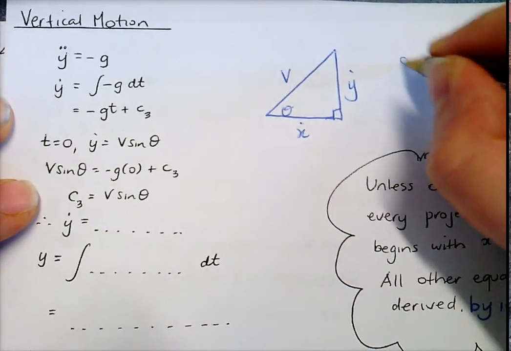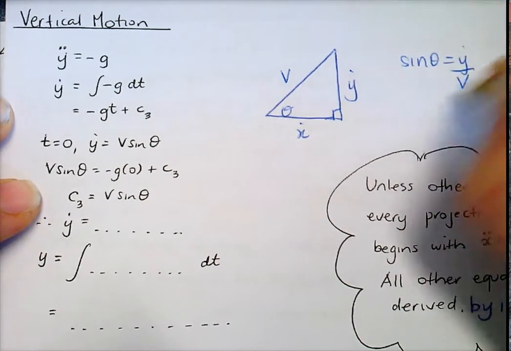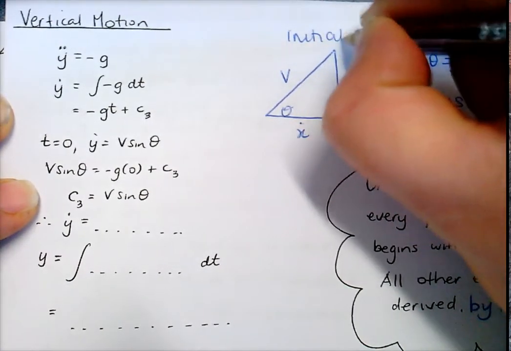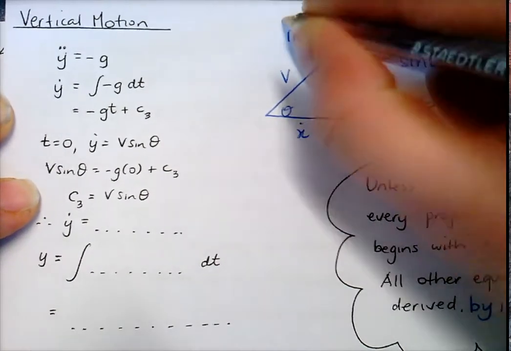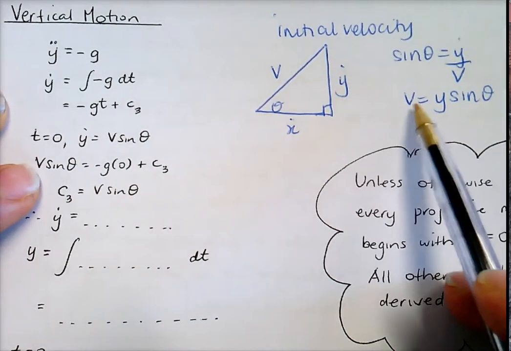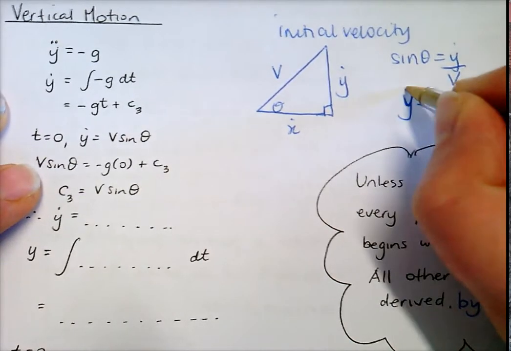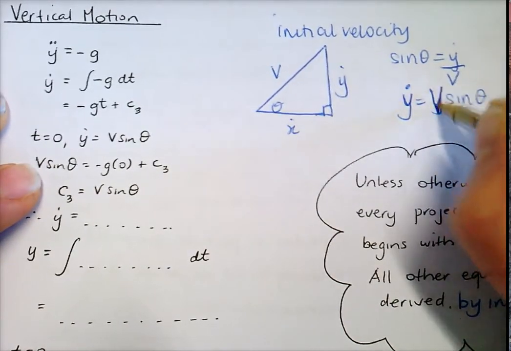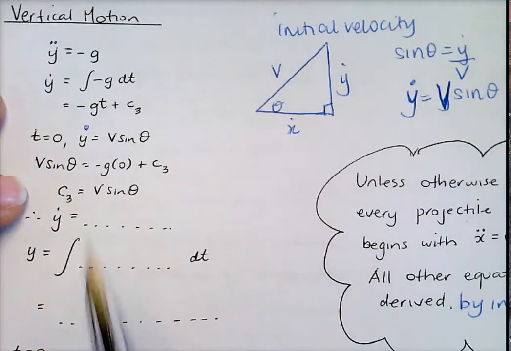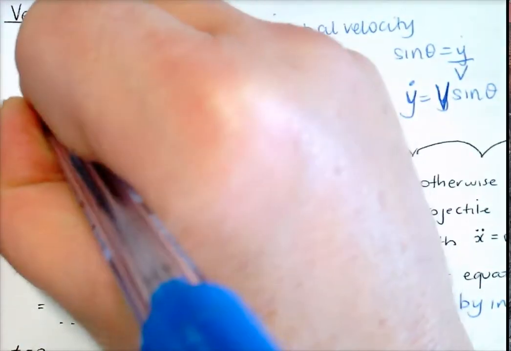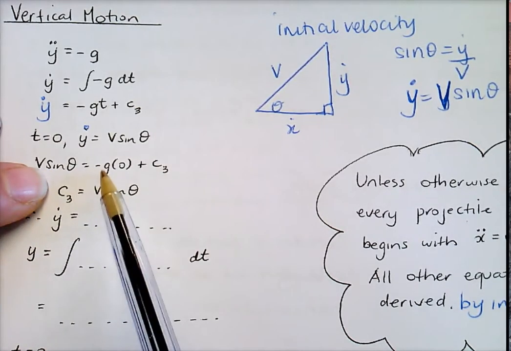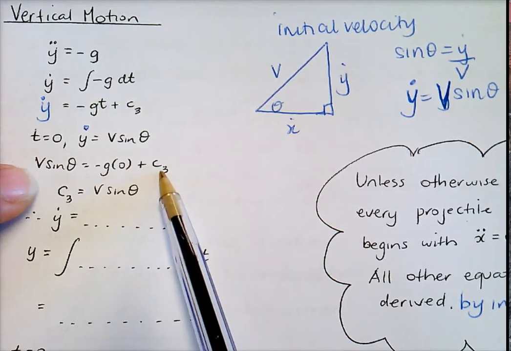We had sine theta is y dot on v, therefore y dot is v sine theta. This was the initial velocity from the page before. So when t is 0, y dot is v sine theta. We substitute it in here: v sine theta equals negative g times 0 plus c3.